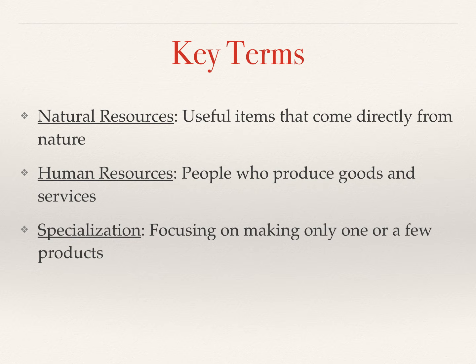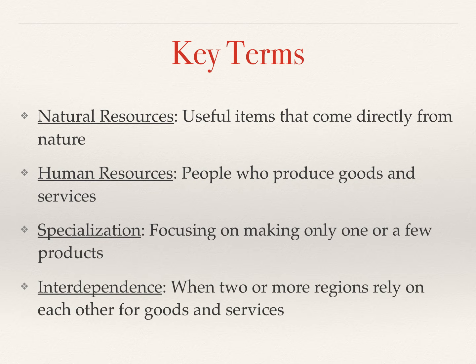Specialization is a term that means focusing on making only one or a few products. And interdependence means when two or more regions rely on each other for goods and services.